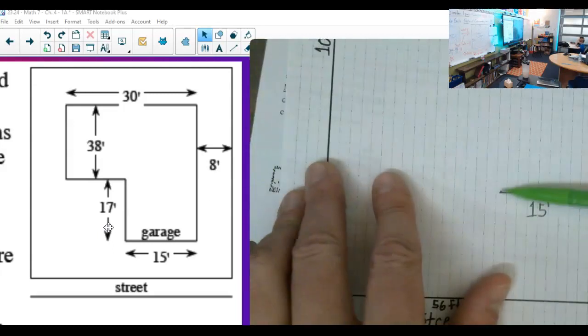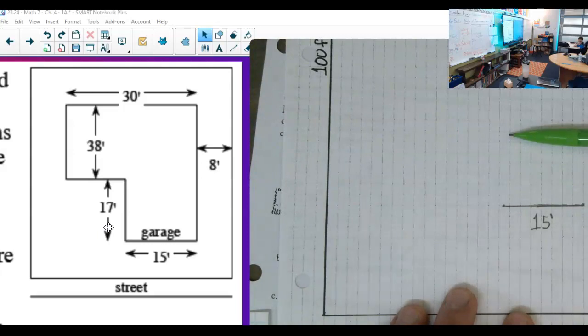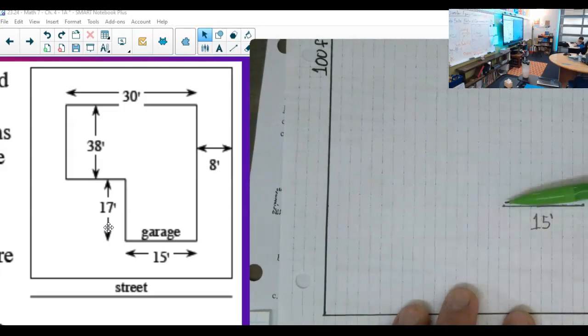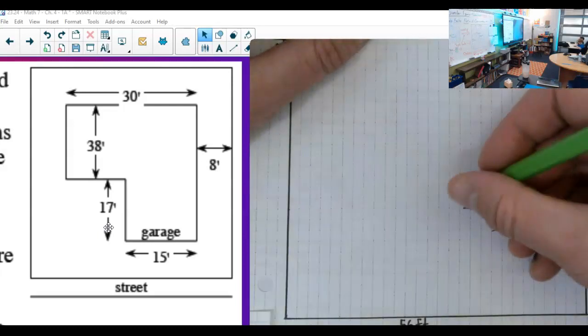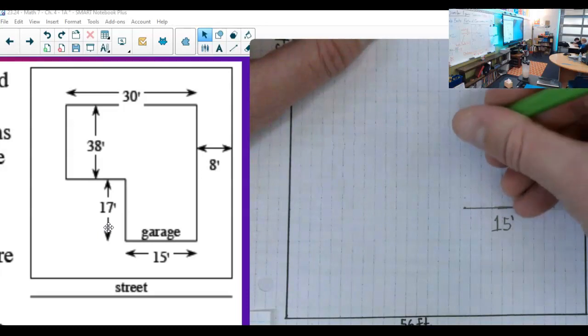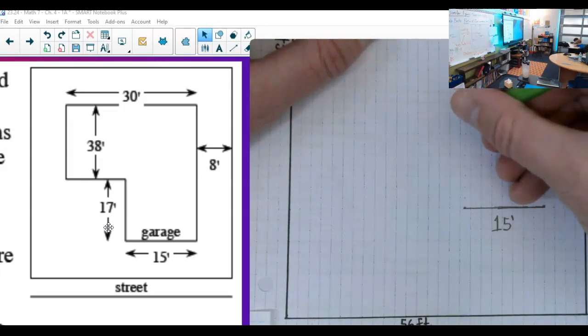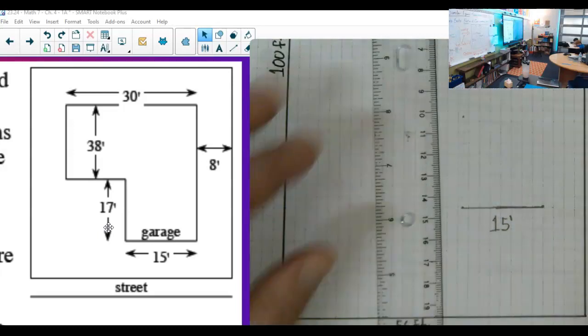So whatever my feet is, I have half as many boxes. Guys, what's half of 17? 8.5. So we need to count up 8.5.